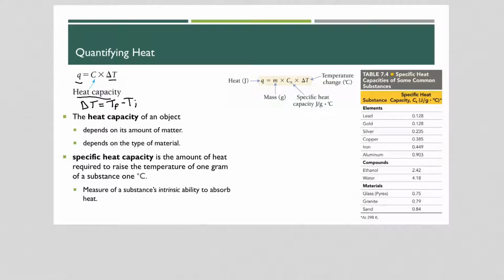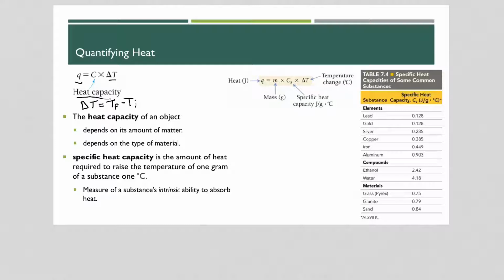So we can have positive or negative changes in temperature, which is going to give us a sign of Q. And remember, the sign of Q is important because, as we discussed last time, it tells us whether heat is flowing in or out of the system. So we want to make sure that we just don't take the change so it gives us a positive number. We want to make sure we're doing the final minus the initial, so we have to pay attention there.